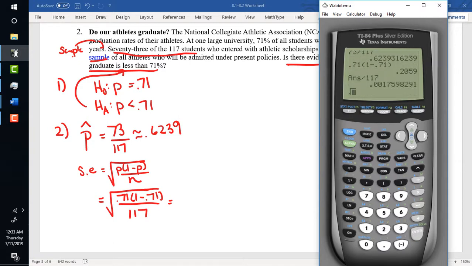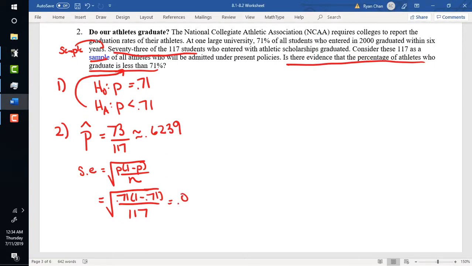Okay, so I'll take the square root, and I'm getting 0.0419 or 0.0420. I'm going to round up, okay? So I have my P hat and I have my standard error.